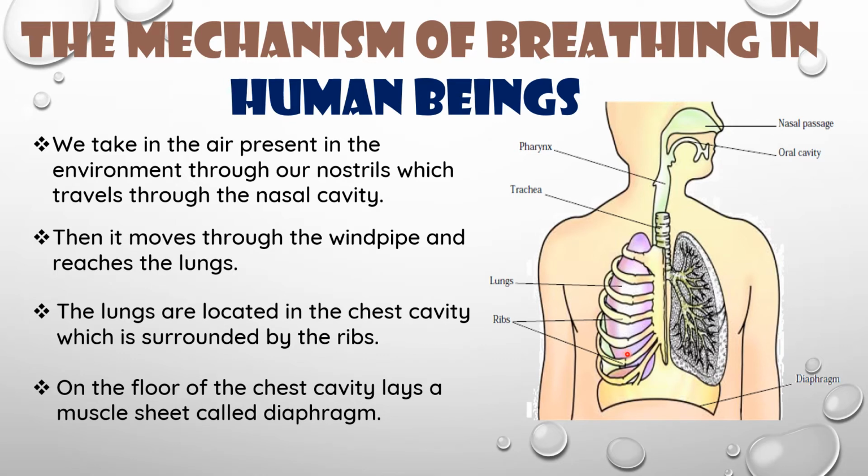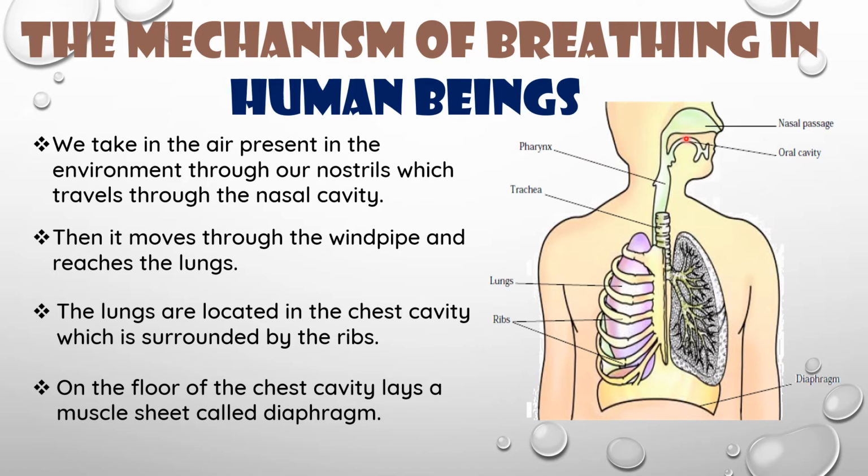When you touch your chest, after the ribs you can feel the bones, and below the ribs is the diaphragm, the muscle sheet. The diaphragm is just below the rib cage. If you touch your ribs, you can feel them, and under that you can feel the diaphragm.